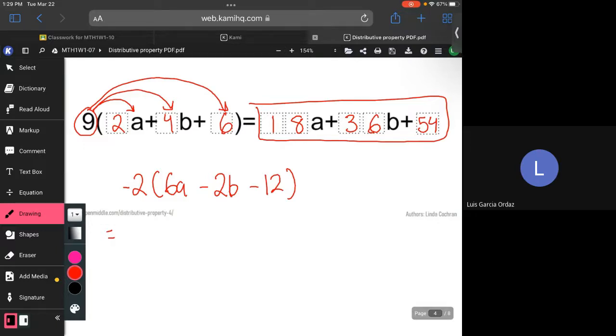So what would I get? Claire. Can we do steps? Yep. Okay. The first one would be negative 12A. Okay. And then plus 4B. Okay. Plus 24. Good. Everyone else got that? We're good.